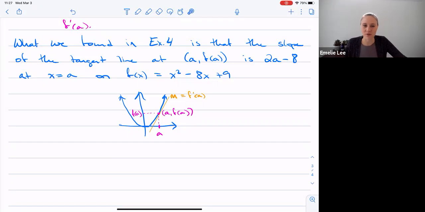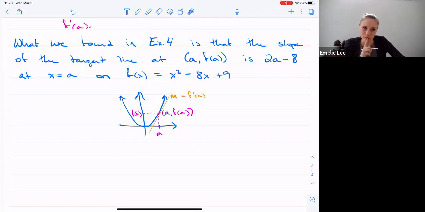I was confused about it for the whole term that I took this course. I found it very confusing to keep track of the function versus the derivative, but you've just got to stay on top of it.